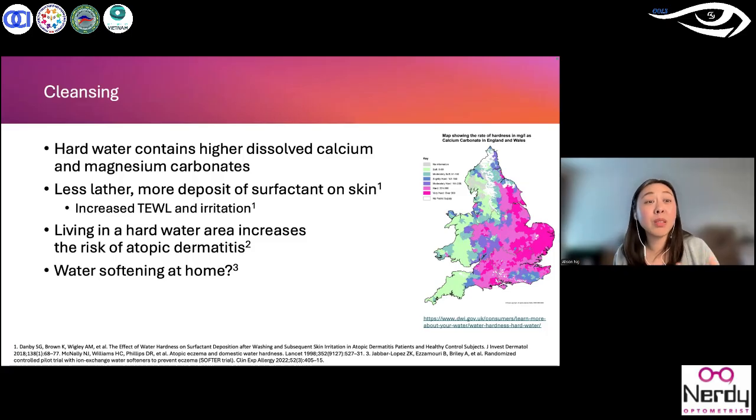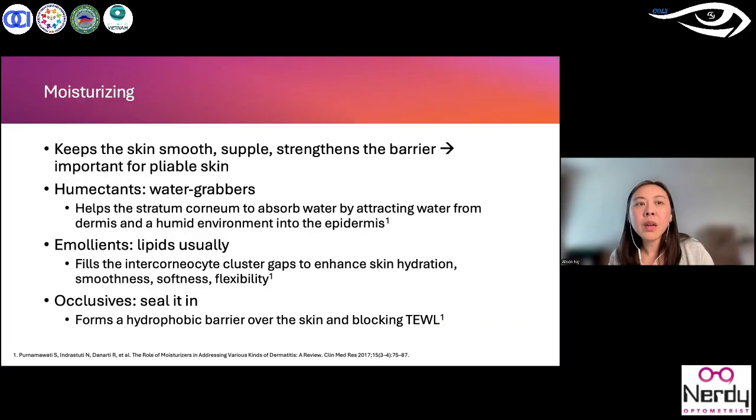My skin would be prone to cracking, and that wasn't just on my face or my arms or my legs, even my feet. The tough parts of the body can get affected as well. So just bear in mind, depending on which part of the world you live in, or if you live in a hard water area and patients move into your area and start complaining of changes, you might know why.